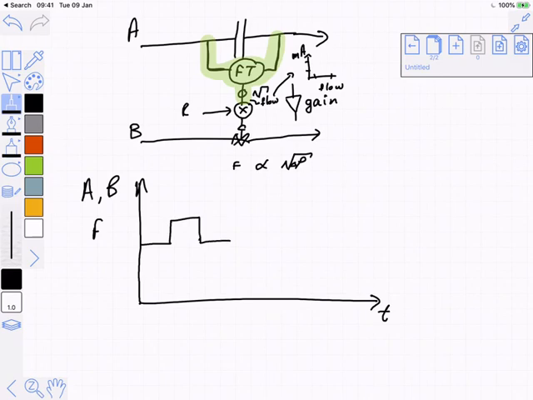Even in the best case, even with really good control, right? So if that's A, say, even with good control, B will be doing things like this.